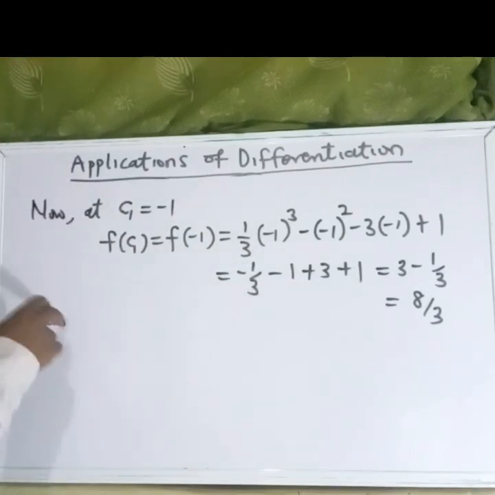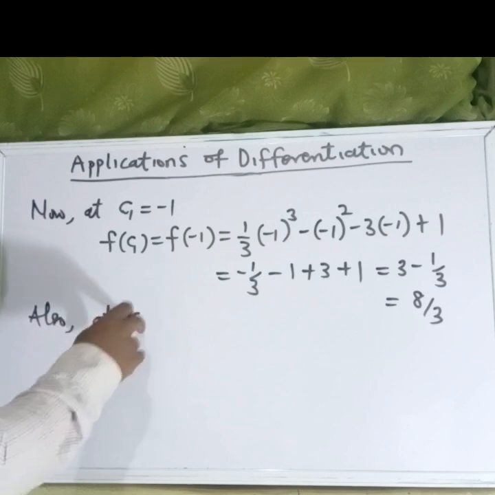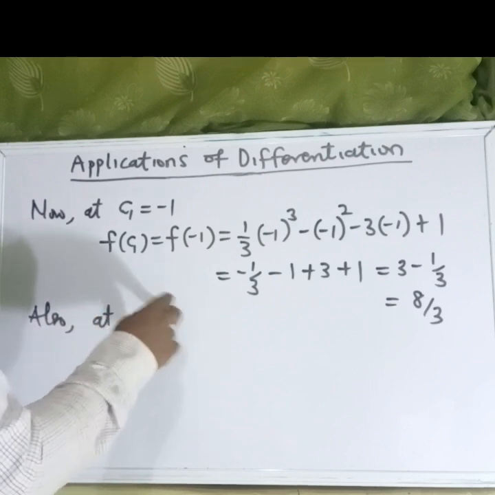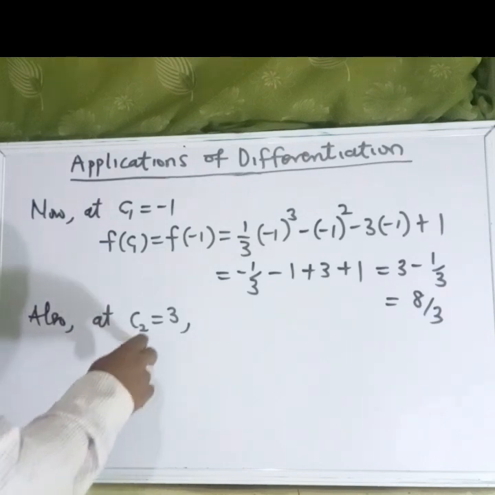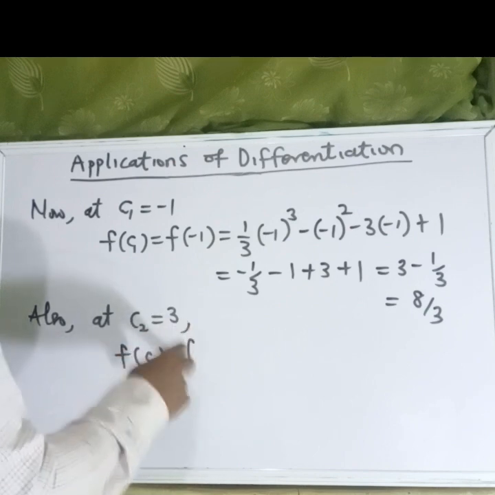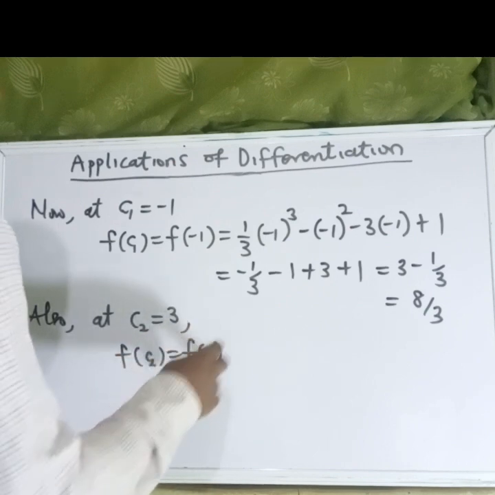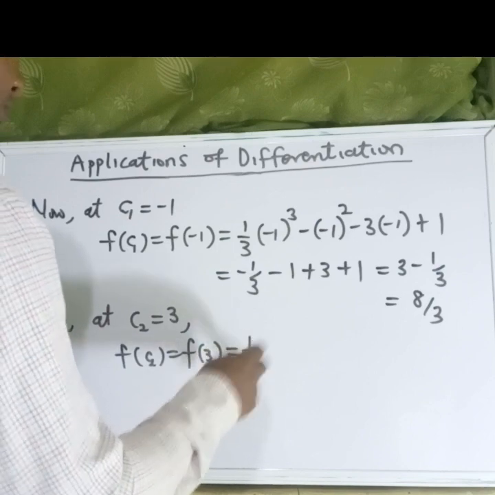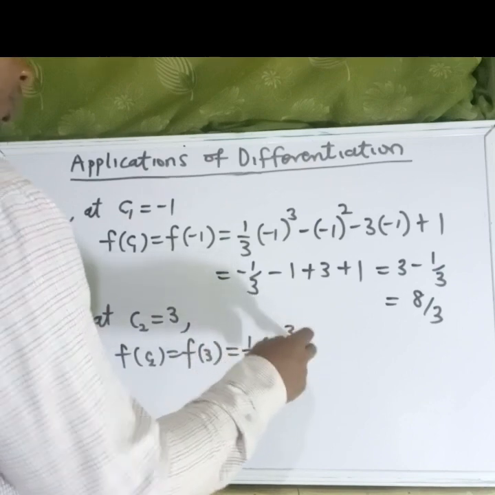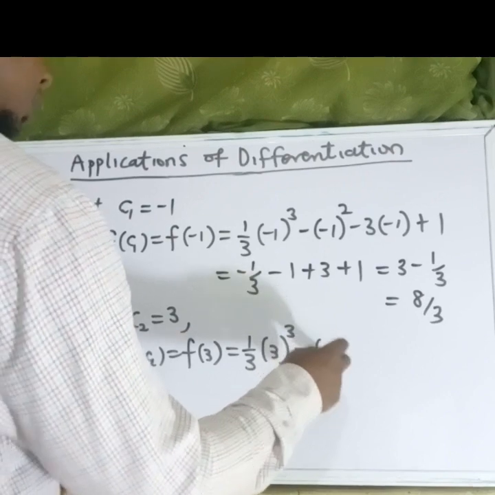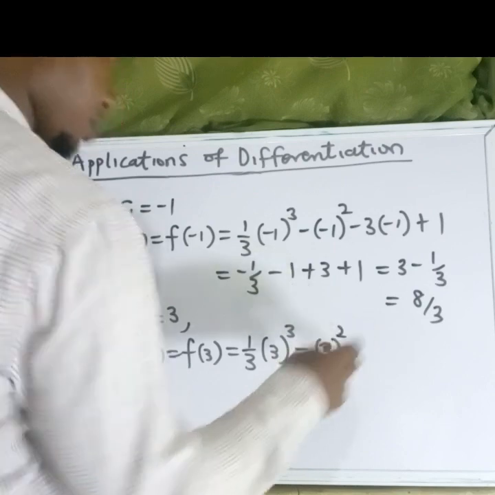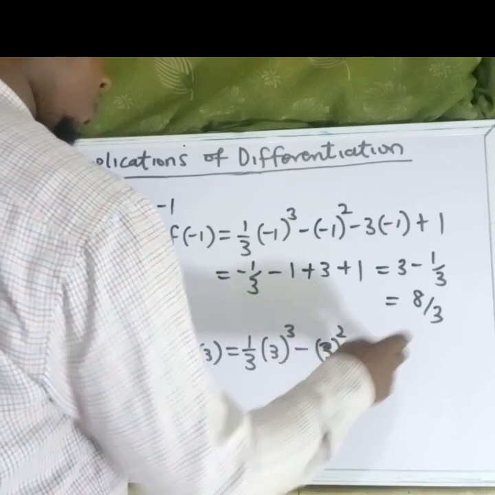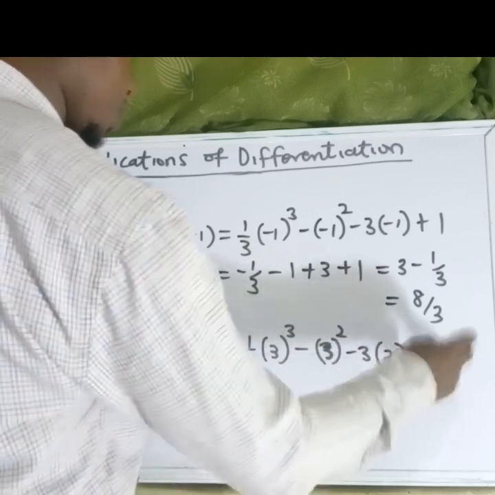Also, at c2 equal to 3, for the second critical value, we have f of c2 equal to f of 3, which is equal to 1 over 3 into 3 cube minus 3 square minus 3 into 3 plus 1.